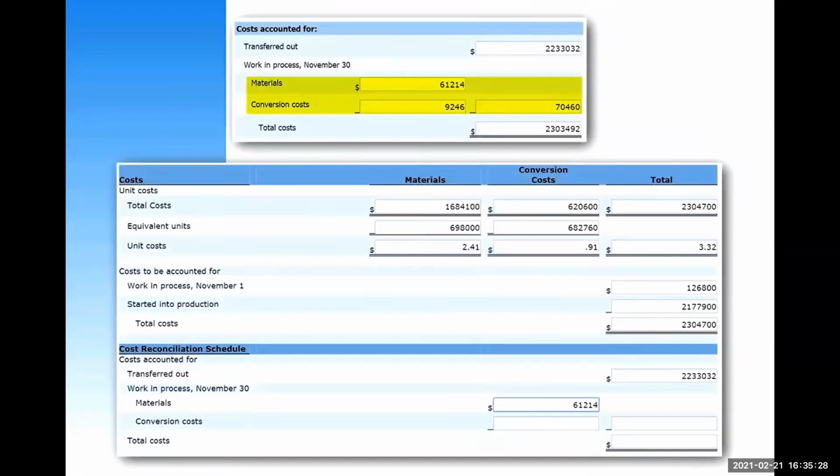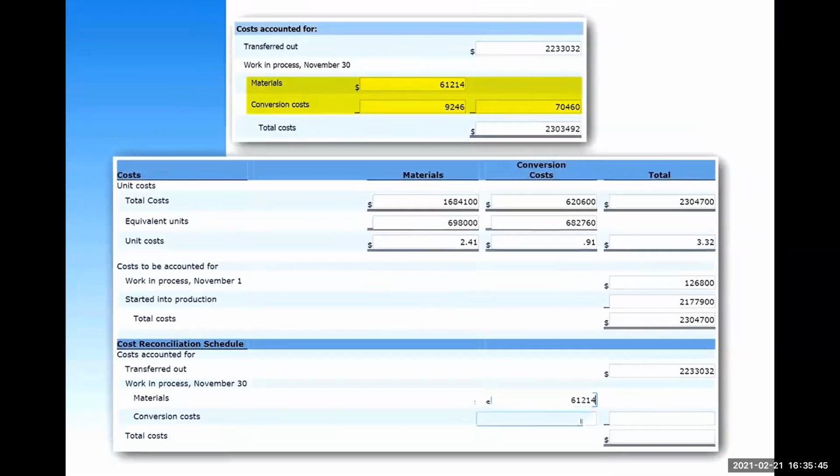And then for the conversion costs, recall that we took the 25,400 units times 0.40, and that times the 0.91 gives us 9,246.